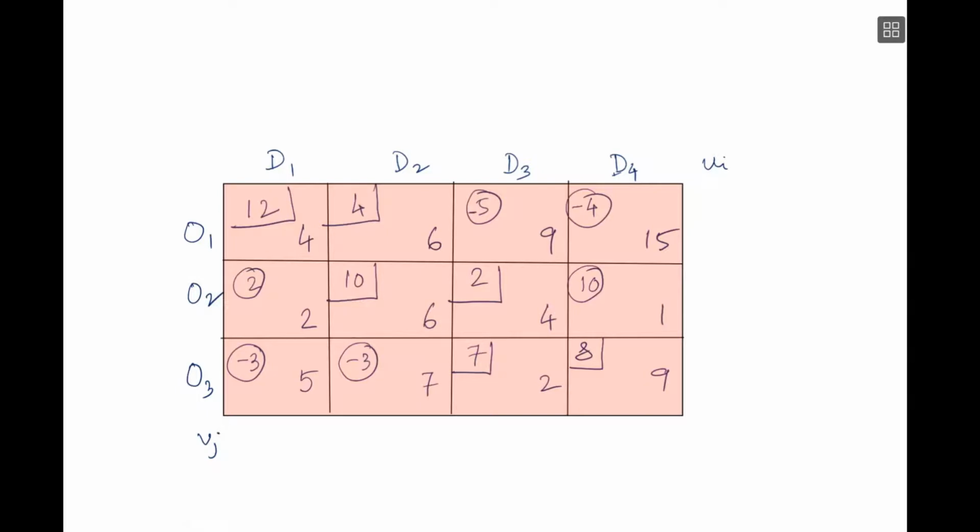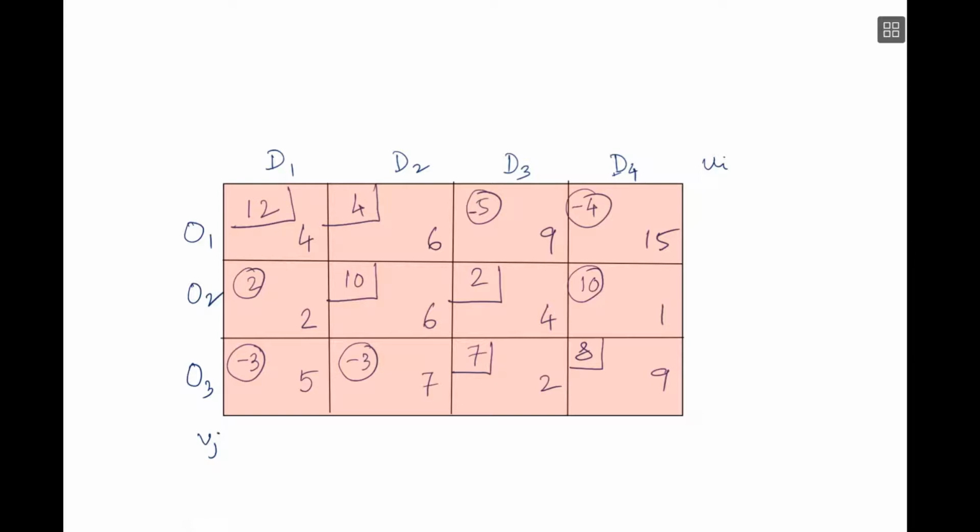We now see how an initial basic feasible solution can be improved to get the optimal solution. We consider here the problem we were dealing with, and the initial basic feasible solution we have obtained using the northwest corner rule. As we set the rule to find delta ij's as Ui plus Vj minus Cij, and the problem was to minimize the transportation cost, the optimality condition was delta ij less than or equal to 0.